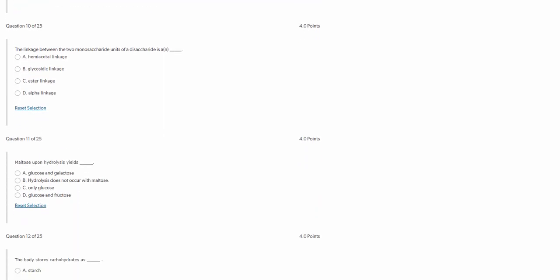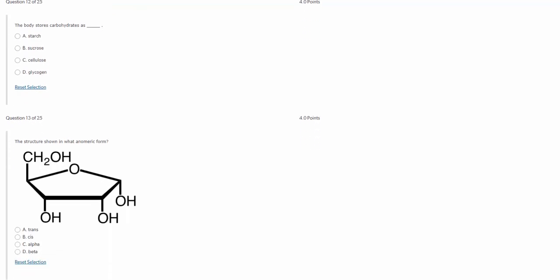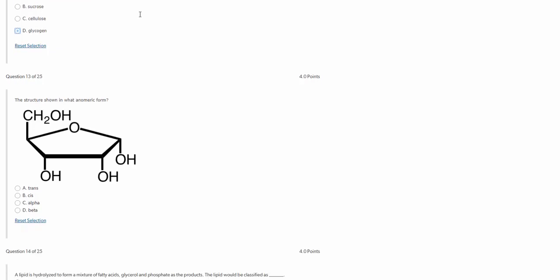Number 10, the linkage between 2 monosaccharide units of a disaccharide is called a glycosidic linkage. Number 11, maltose upon hydrolysis will yield only glucose. Number 12, the body stores carbohydrates as glycogen.